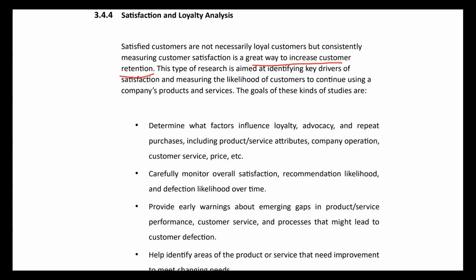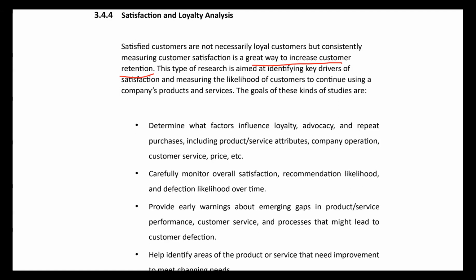Another goal of such studies is to carefully monitor overall satisfaction, recommendation likelihood, and defection likelihood over time.